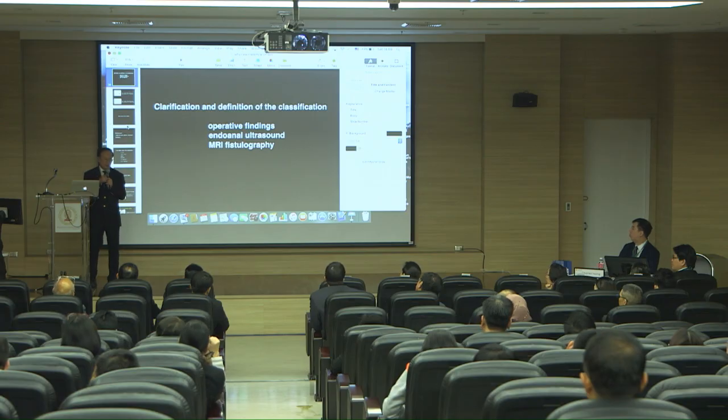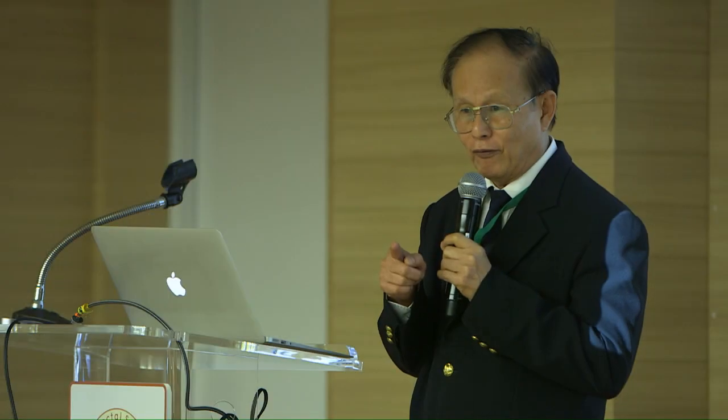Because in type 4, in fact, they are most common to the ischioanal. If you are experiencing type 4, it means ischioanal. But with type 4 and type 5 in combination, there are many patterns that Lamy had shown you.